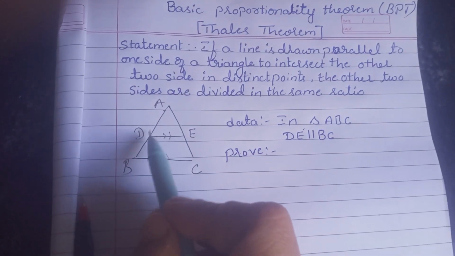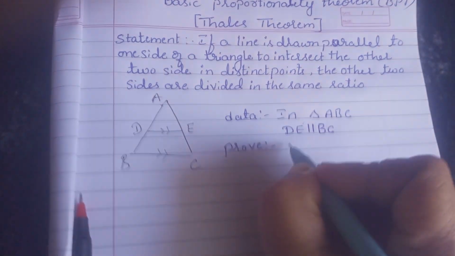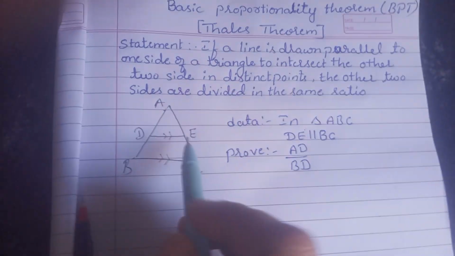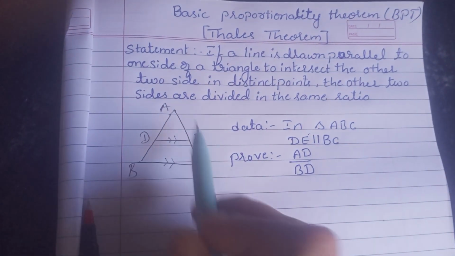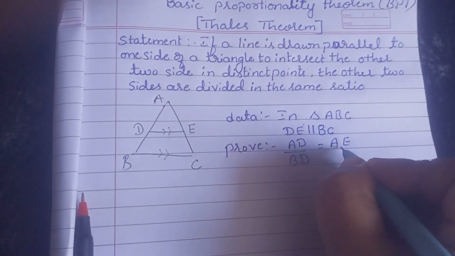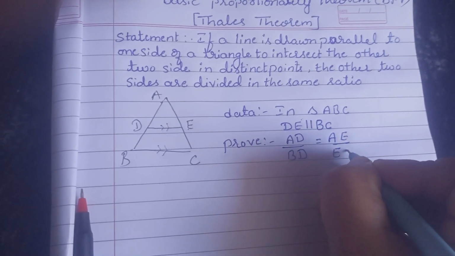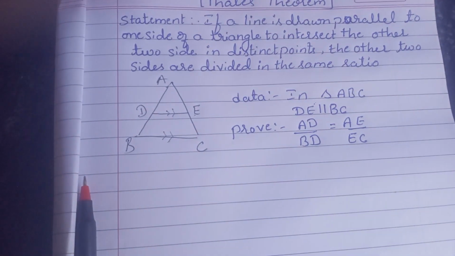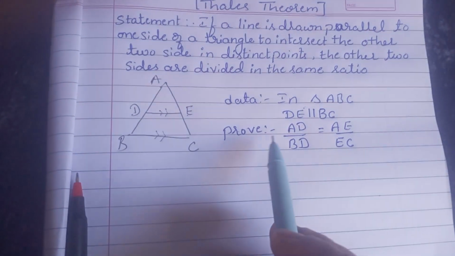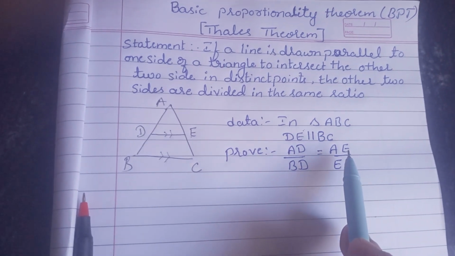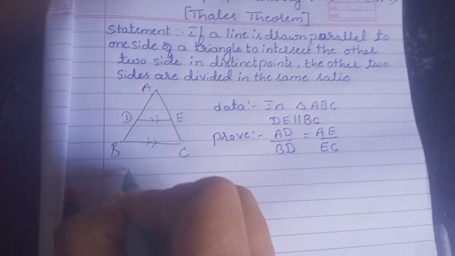The point D divides AB into two parts, that is AD and BD. The point E divides AC into two parts, that is AE and EC. The proof is AD by BD is equal to AE by EC.